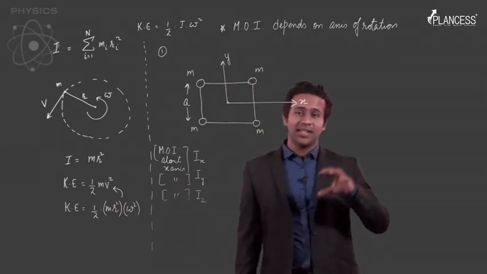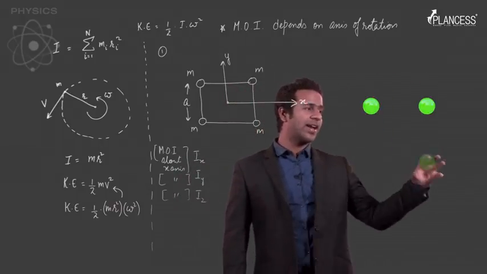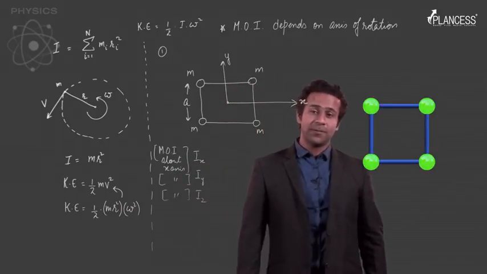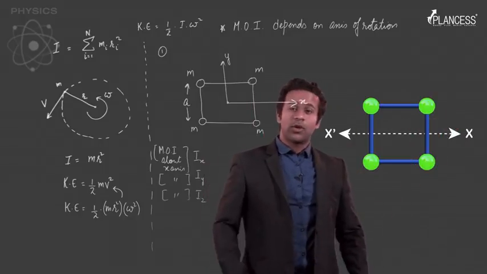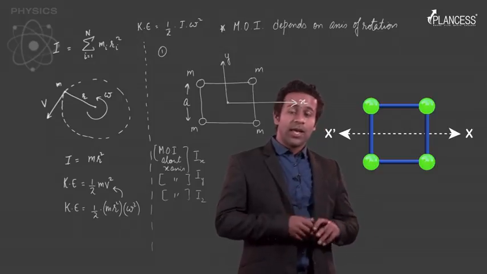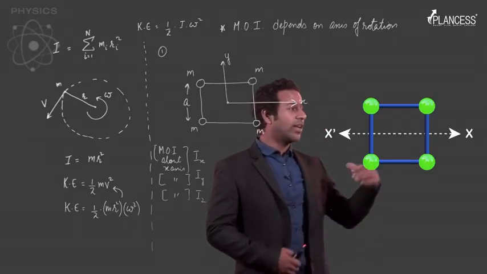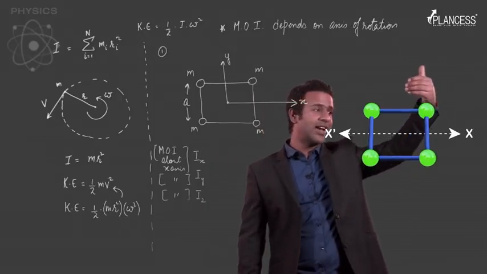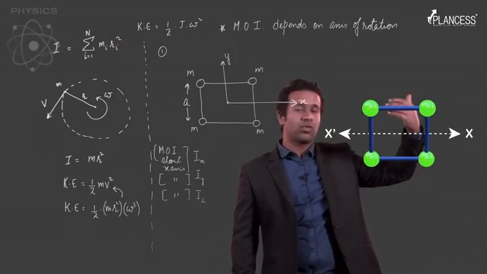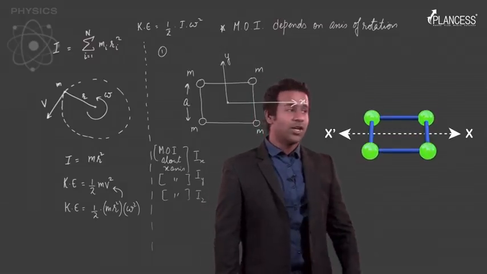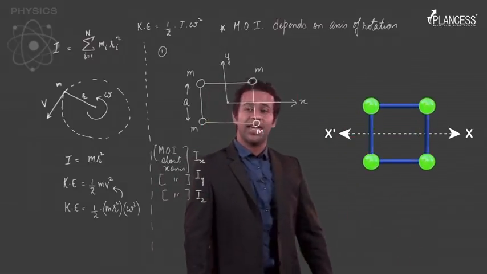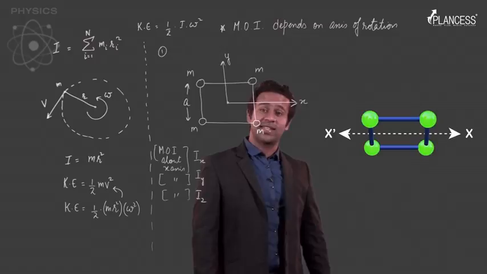Now to understand this, let me construct this square again. So these are the four pieces. First of all, this is the x-axis, right? If I want to find out the rotation about x, the rotation would be such that this side would come behind and this would move outwards, and hence this kind of rotation would start. So this rotation that you see here is the rotation about the x-axis.